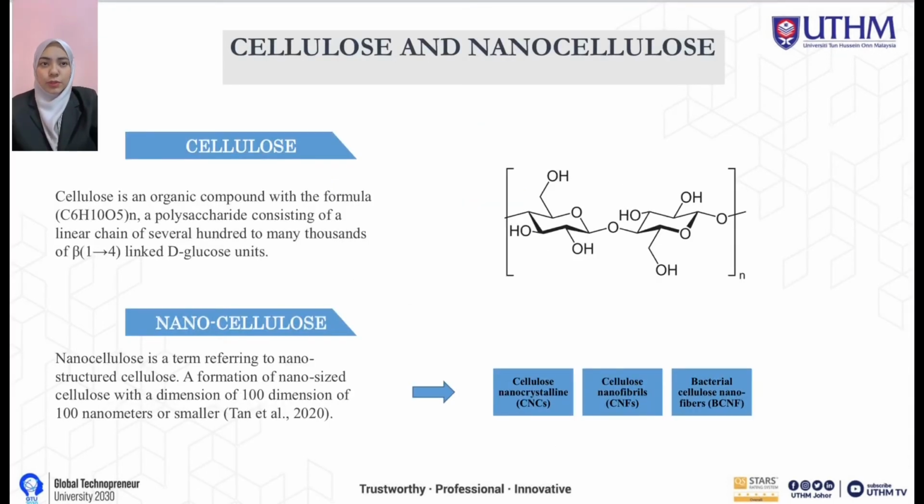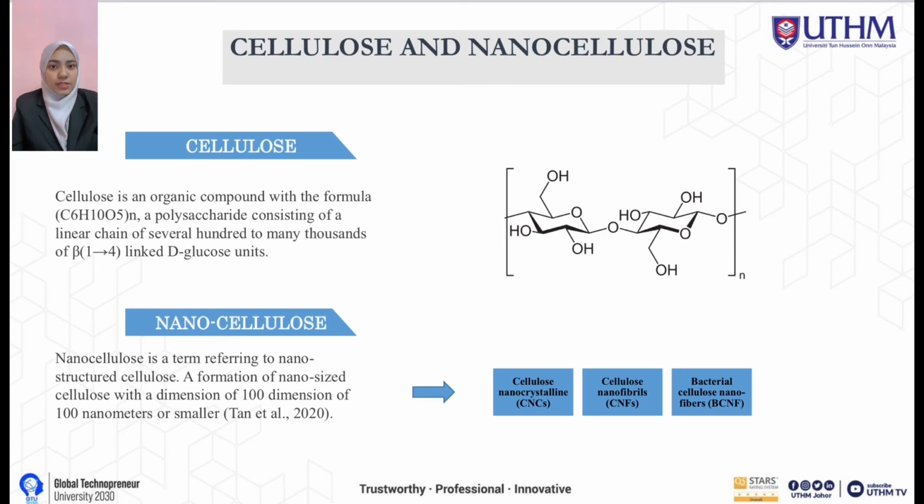Cellulose is a molecule consisting of hundreds and sometimes even thousands of carbon, hydrogen and oxygen atoms. Cellulose is the main substance in the walls of plant cells, helping plants to remain stiff and upright. Nanocellulose could be cellulose nanocrystal CNC or NCC, cellulose nanofiber CNF, also known as nanofibrillated cellulose NFC, or bacterial nanocellulose, which refers to nanostructured cellulose produced by bacteria.